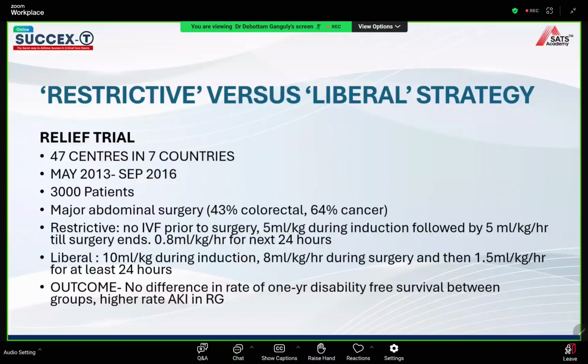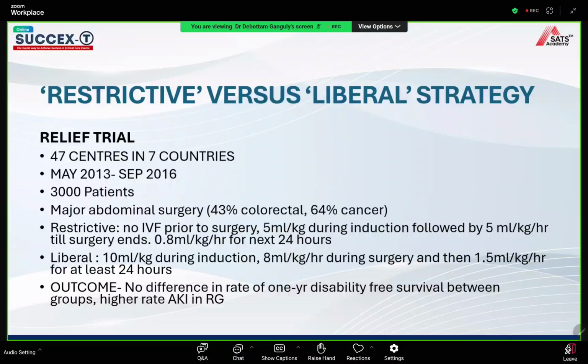Restrictive strategy means no fluid prior to the surgery, 5 ml per kg during the induction, followed by 5 ml per kg per hour till surgery ends. For the next 24 hours, they gave 0.8 ml per kg per hour. Whereas in the liberal strategy, they used 10 ml per kg during induction, 8 ml per kg per hour during surgery, and then 1.5 ml per kg per hour for at least 24 hours.